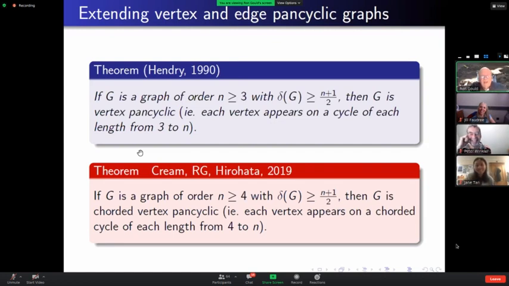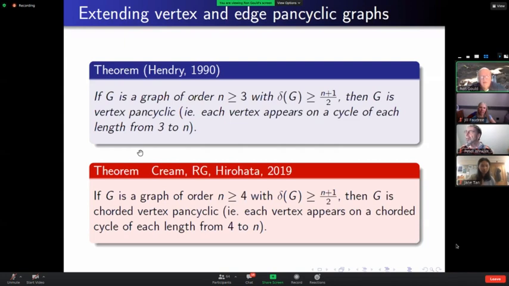Back in 1990, my old friend Hendry was able to show that minimum degree at least (n+1)/2 means the graph is going to be vertex pancyclic. And by that, I mean each vertex appears on a cycle of each length from 3 to n. So that's a pretty strong statement. But then again, that's a strong minimum degree condition.